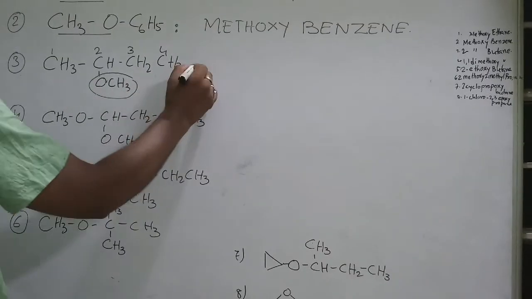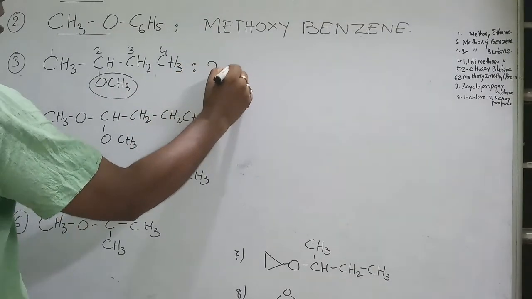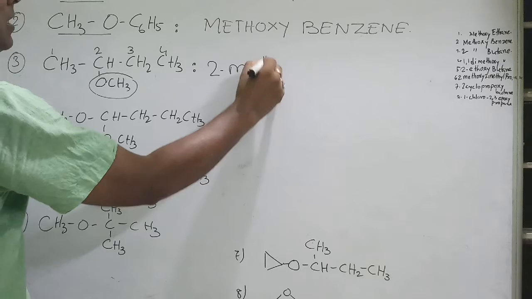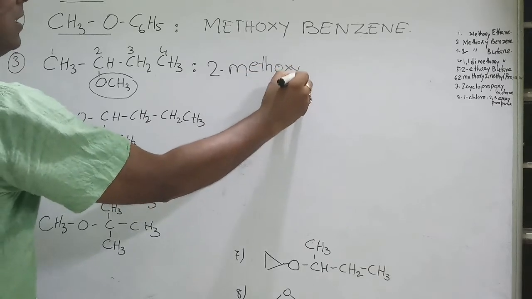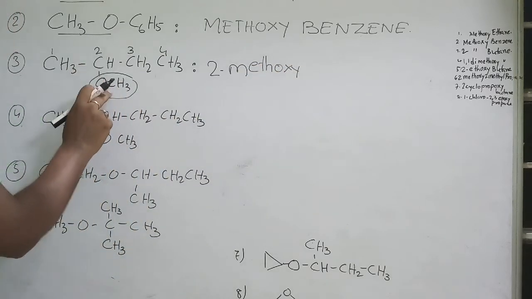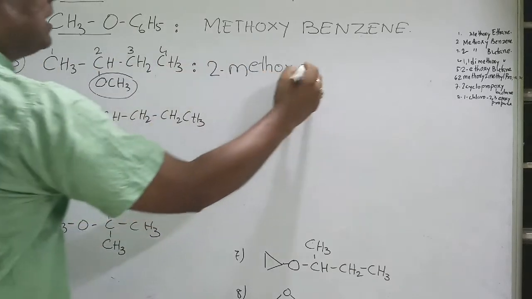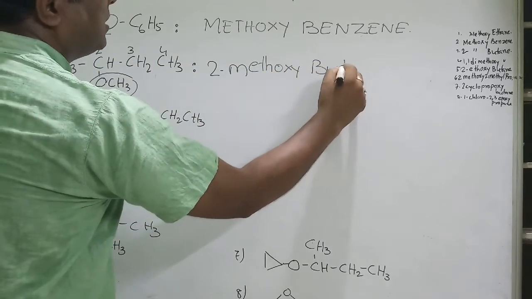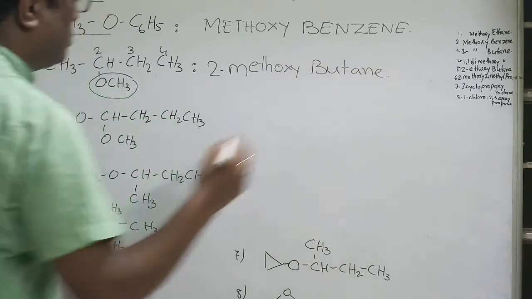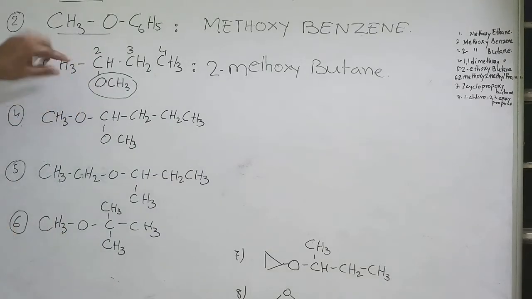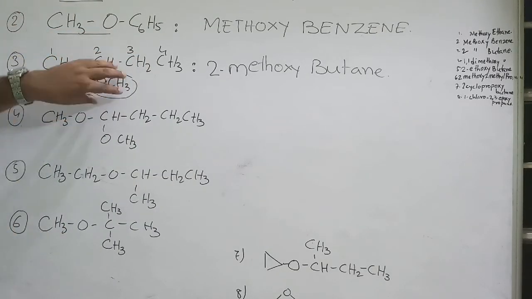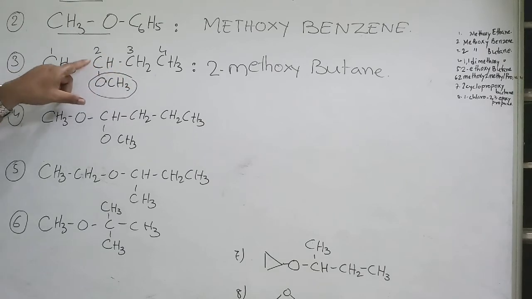So we will write 2-methoxy, methoxy on number 2, and this will be butane. So 2-methoxybutane. On the second carbon of the butane, you have the methoxy attached.